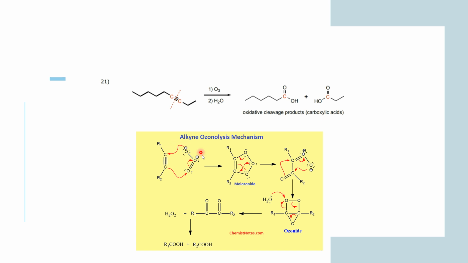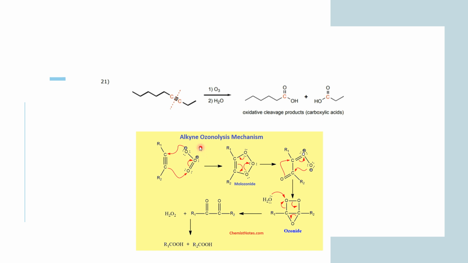a 3 plus 2 cycloaddition kind of reaction, or you can say this oxide will attack on this carbon atom of the alkyne, then this carbon carbon triple bond will now attack on this oxygen atom of ozone, and the arrow will be pushed to the middle oxygen, neutralizing it.